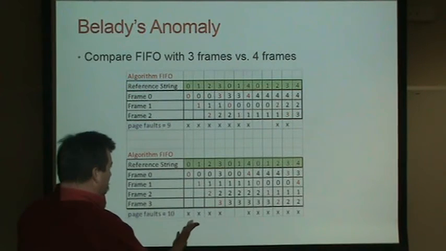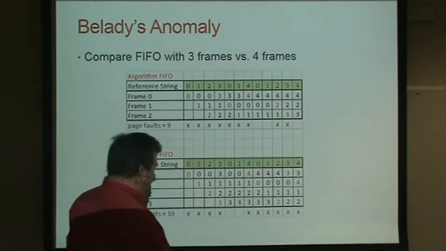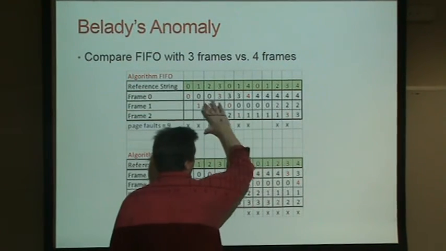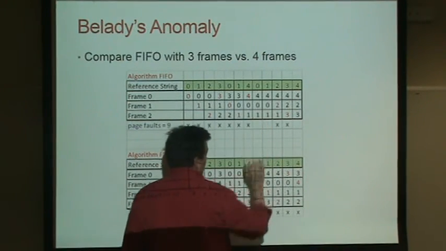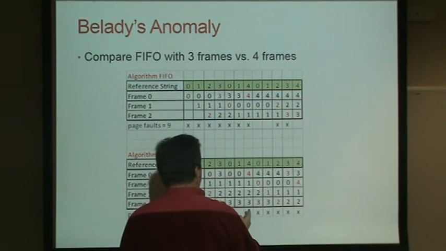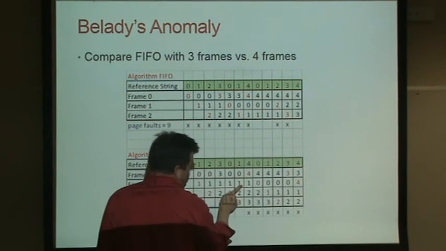So let's just see, the first scenario where the issue happened was this one, this frame. With 3, we had 0, 1, and 4 in memory, but when we had 4 frames, we had, wait, I'm sorry.